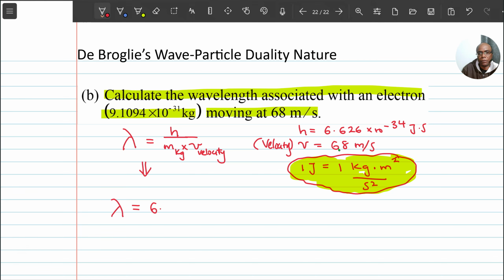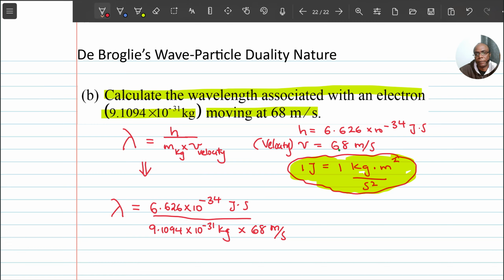So wavelength will be equal to 6.626 times 10 to the power minus 34 joule seconds. I'm dividing that by the product of the mass and velocity. The mass has to be in kilograms, so 9.1094 times 10 to the power minus 31 kilogram is the mass of one electron, and the velocity of these electrons is given as 68 meters per second.